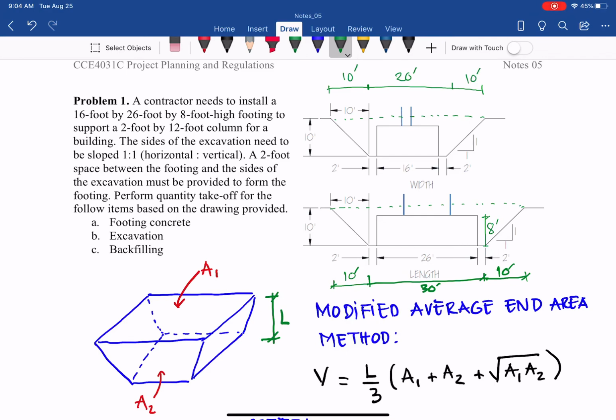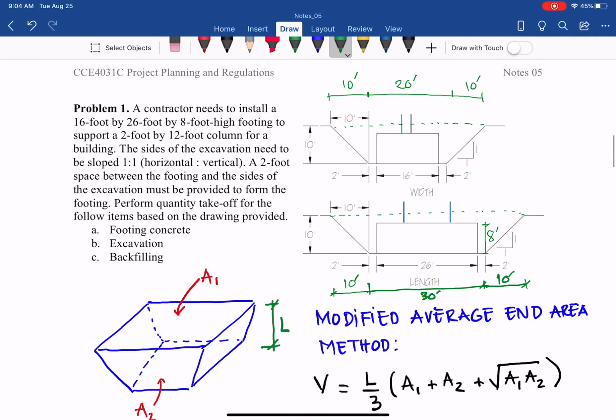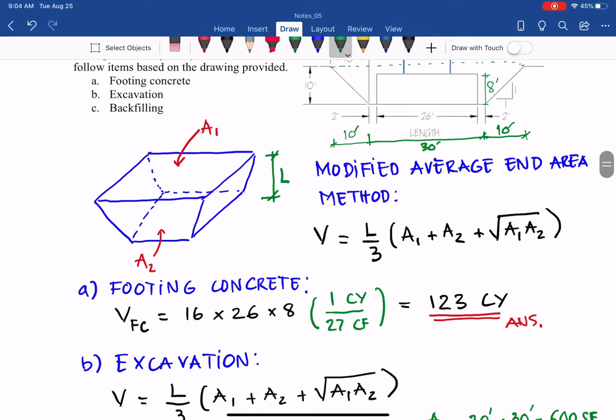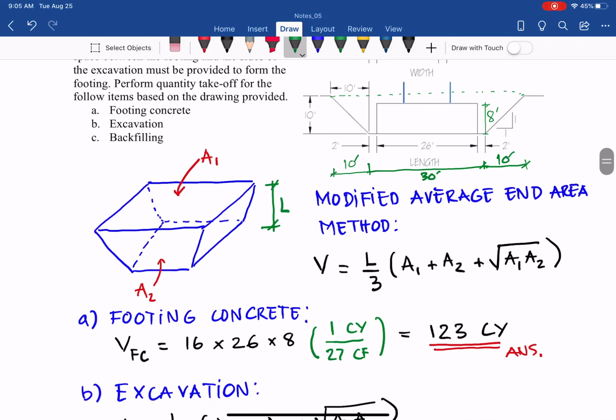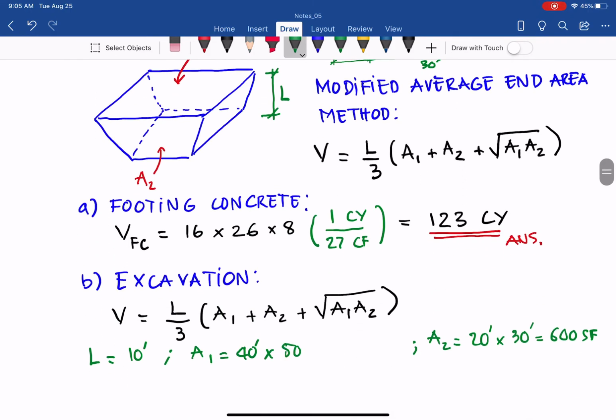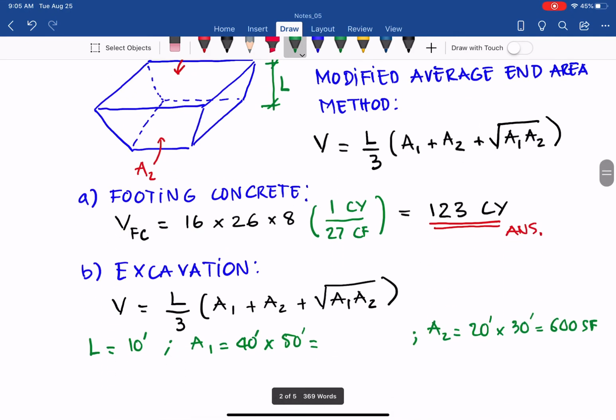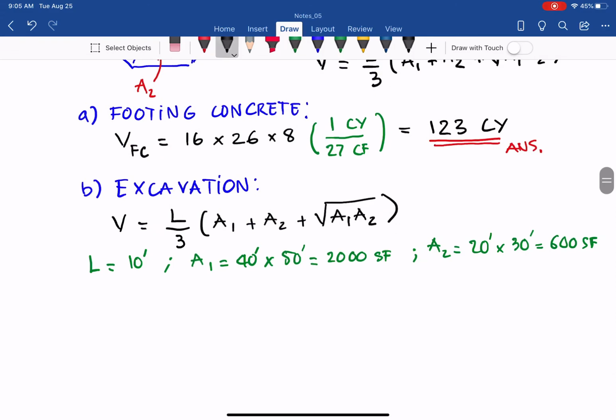So the top A1 is 10 plus 20 plus 10, that is 40, times 10 plus 30 plus 10, 50. Then we will have 2,000 square feet.